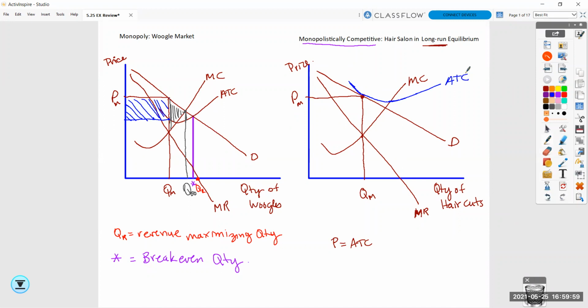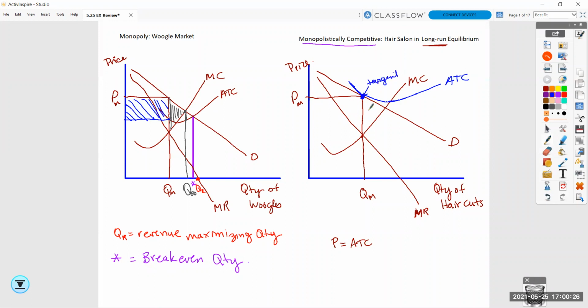I would think that they might put a couple graphs up there and ask you which one is long run equilibrium. They're going to have a graph just like some of you drew where it was going through. Now, this looks like it's not quite tangent, so I just make the dot bigger. But this is what we're looking for. We need that point right there to be tangent to the demand curve.